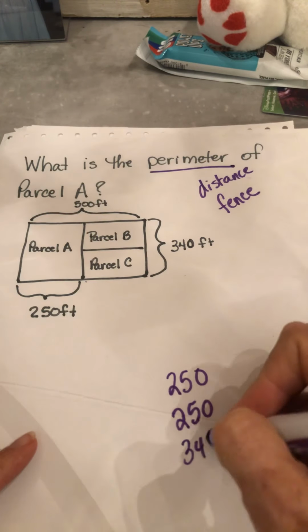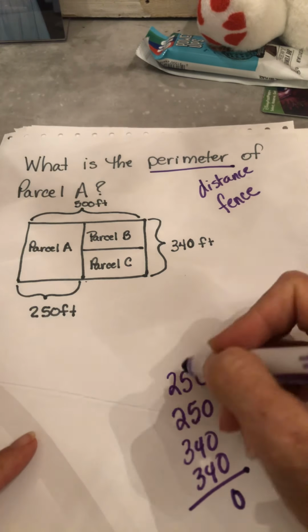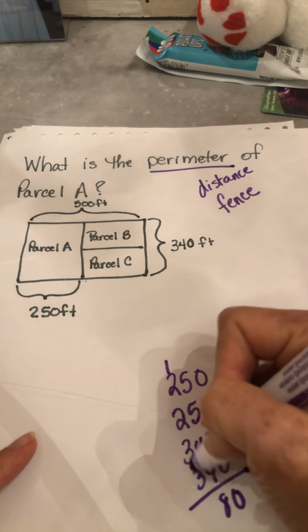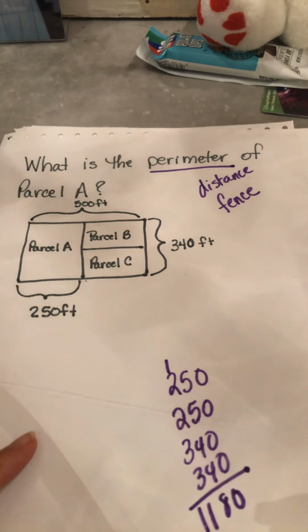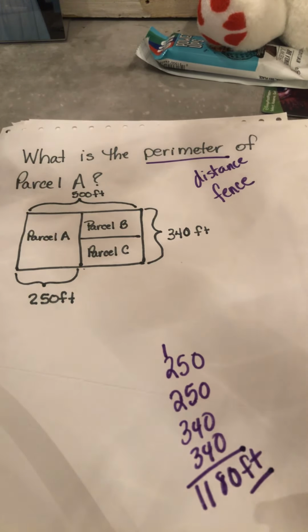So I've got 340 and 340. Add it up. I've got 0, that's 10, that's 18, that's 3, 6, 9, 11. So I found out that the perimeter is 1,180 feet. Not square, that's for area, just feet.